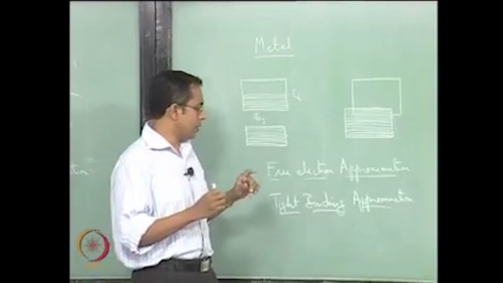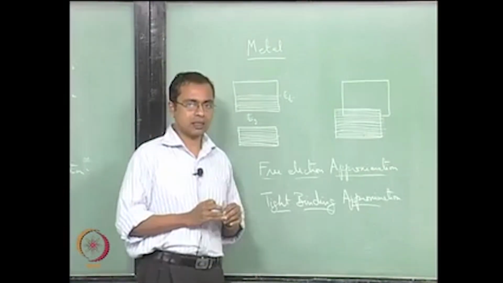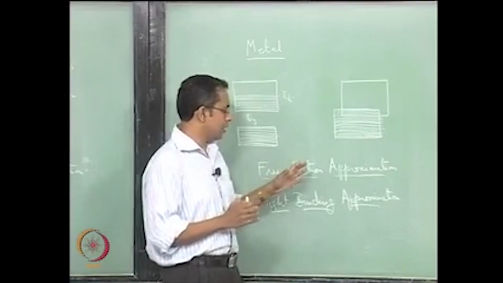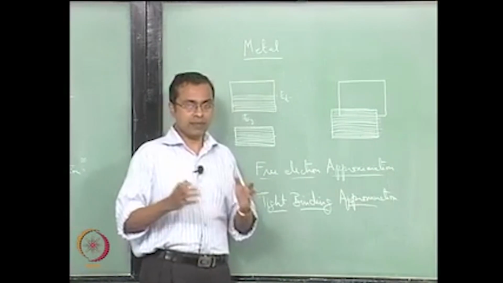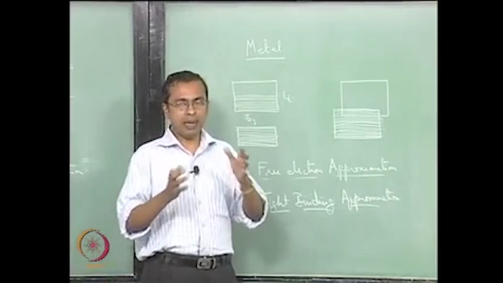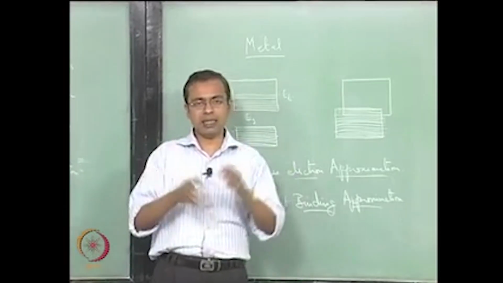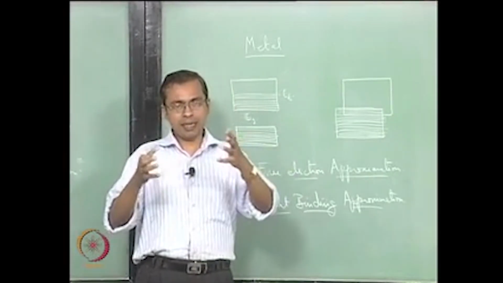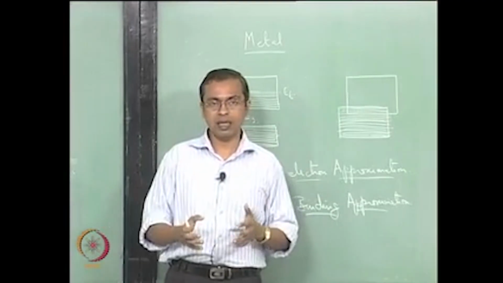I will just conclude by pointing out one more aspect that we have not really touched upon, which is that regardless of which approach you are taking, we have already seen the band structure. If you are talking of free electron approximation, we have seen that there are Brillouin zones, and the band structure evolves based on the interaction of k vectors with the Brillouin zones.